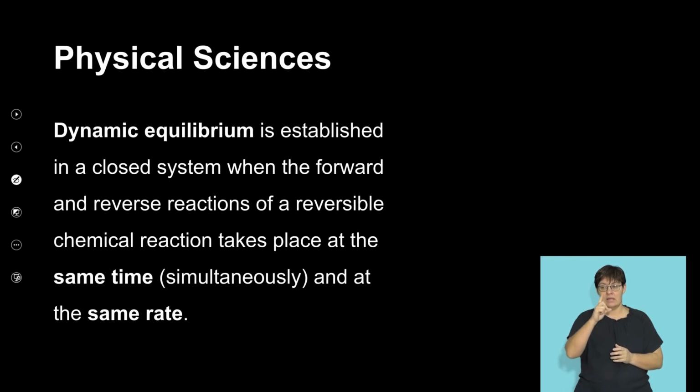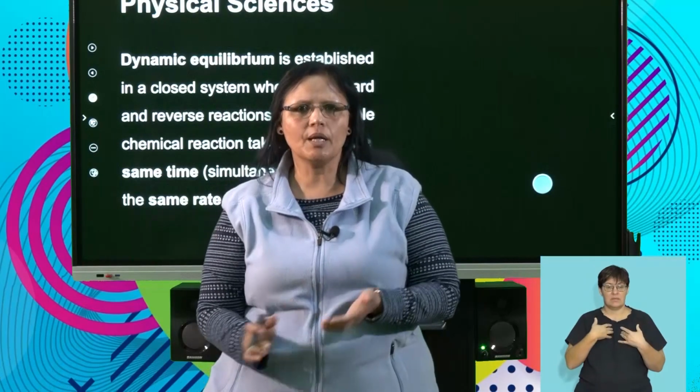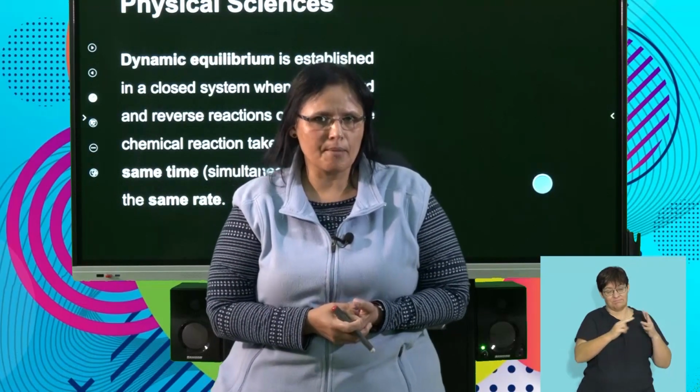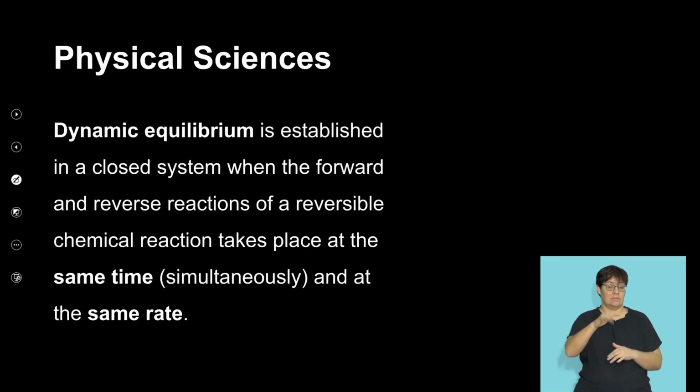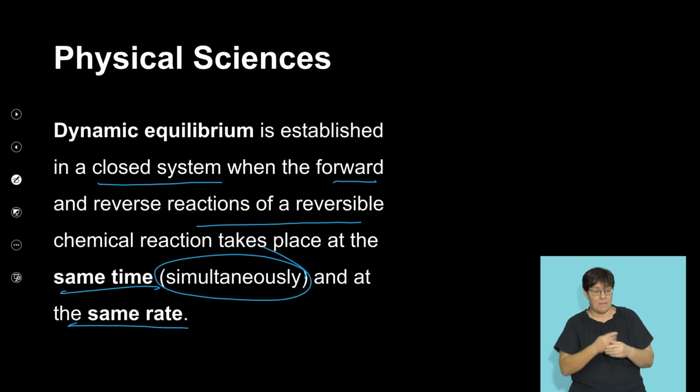Dynamic equilibrium. Remember when I gave you the definition of chemical equilibrium? I said it is one of the types of dynamic equilibrium. Dynamic equilibrium is established in a closed system when the forward and the reverse reactions happen at the same time, at the same rate. Same time means simultaneously.